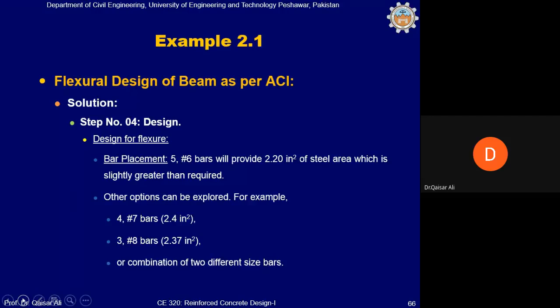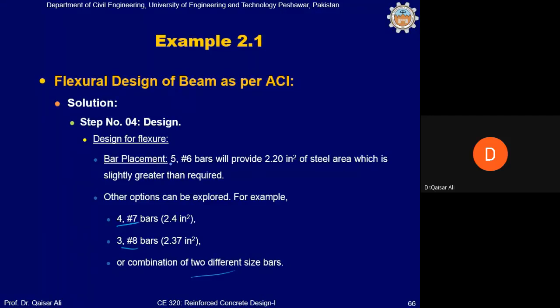Now as I told you, you can provide different sizes of bars, 4 number 7 bar, 3 number 8 bar, or a combination of 2 different sizes of bars. But as I told you, the difference between the bars shall be at most 2 bar sizes.